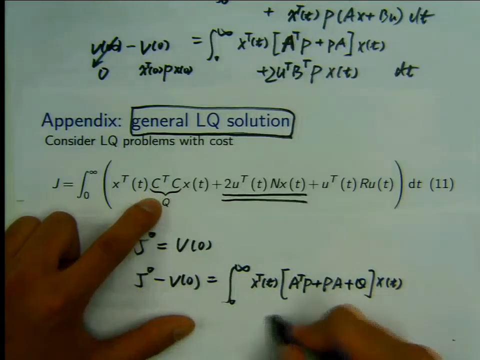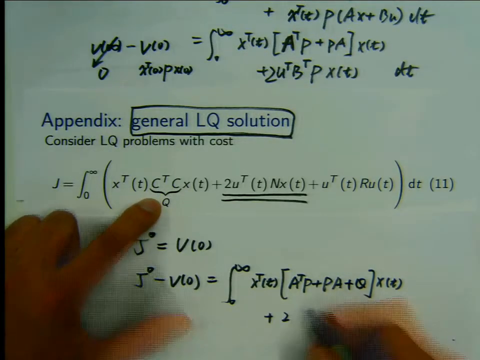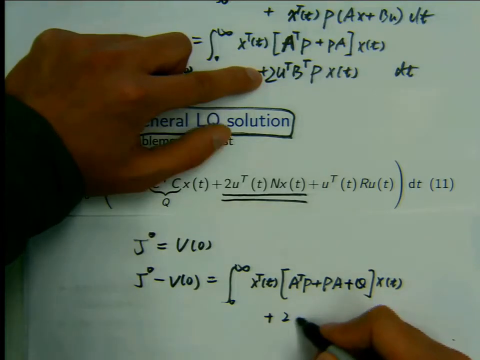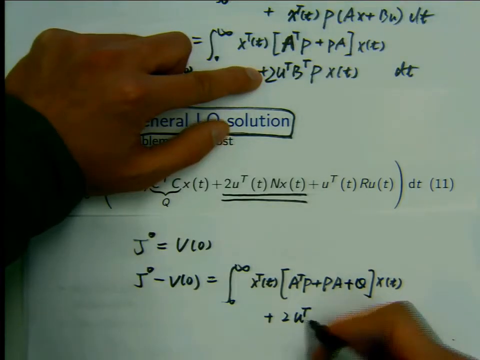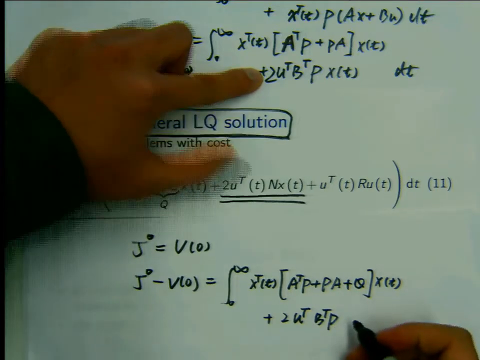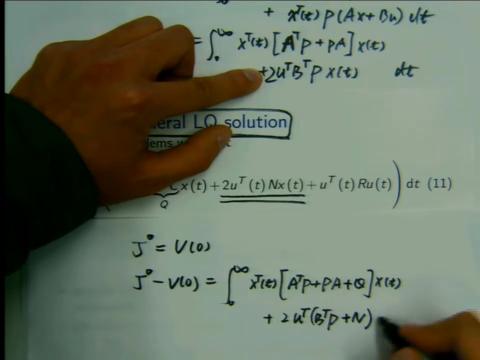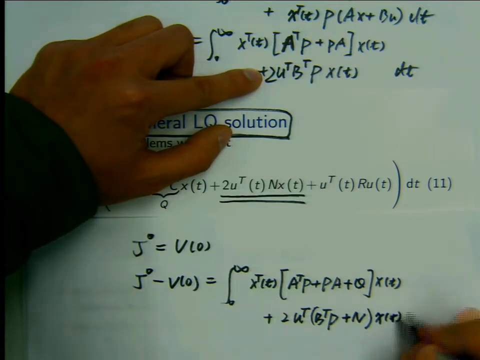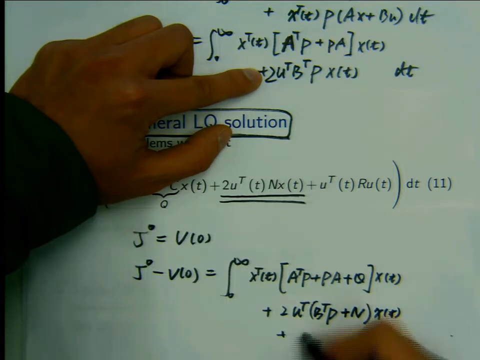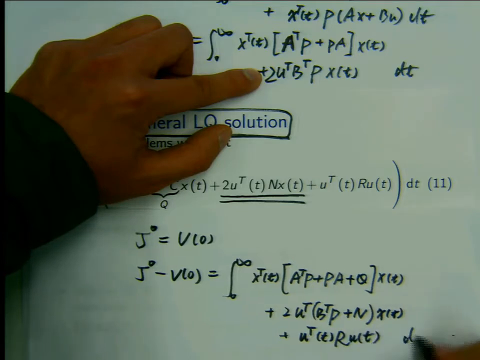Then I have plus 2 u transpose times B transpose P plus this N matrix here, times x(t), then plus u transpose(t) R u(t) dt.